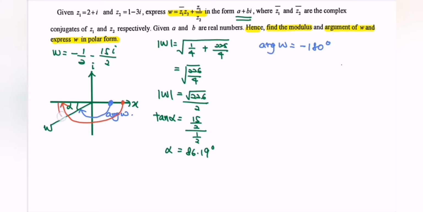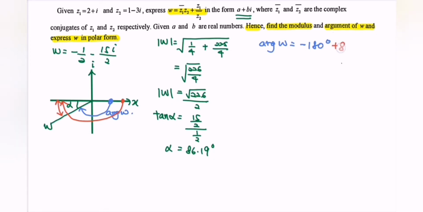Then we have to go the opposite way, which means we have to minus the alpha, plus 86.19 degrees. Why plus? Because in this situation we have the negative sign, so if we reverse the process, we will have positive. Kindly simplify. The argument of w will be equal to negative 93.81.